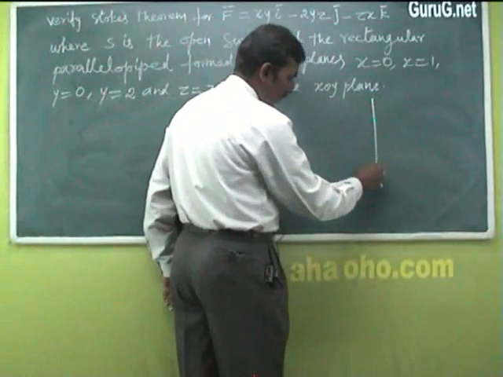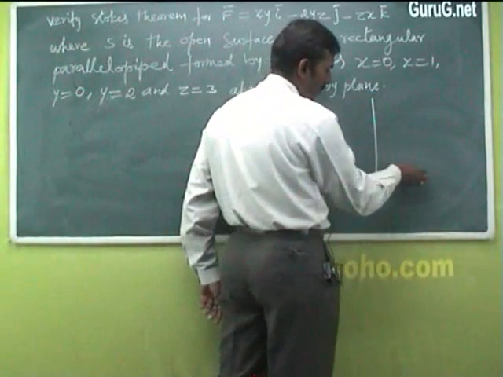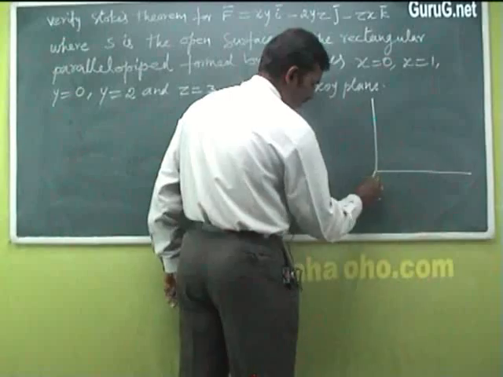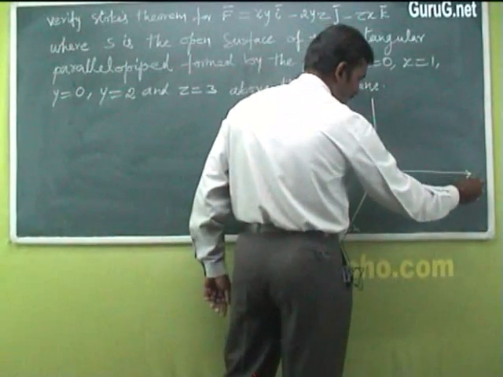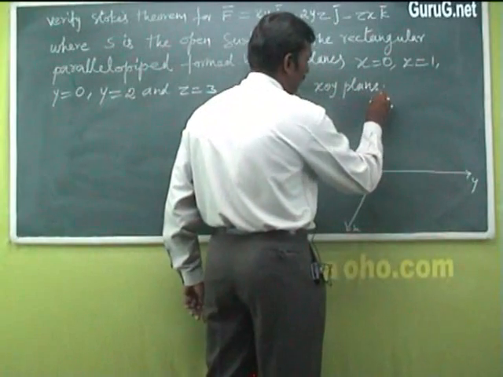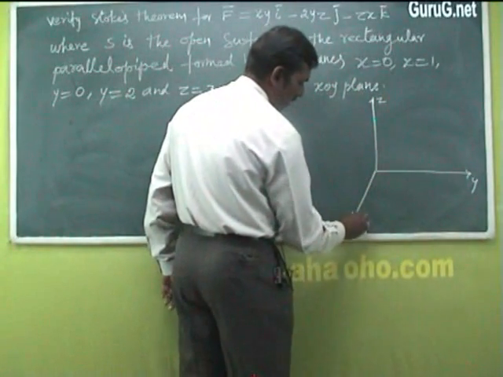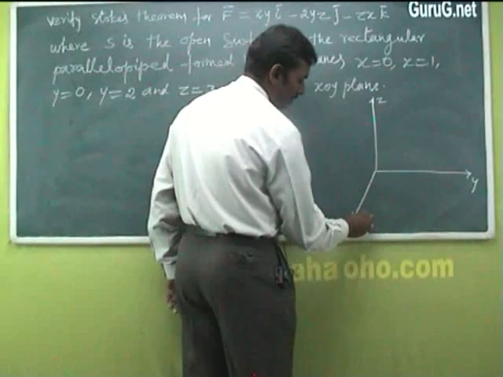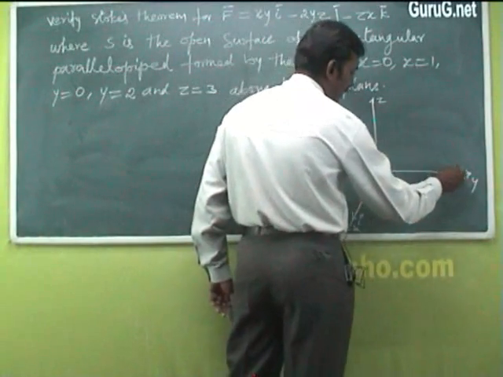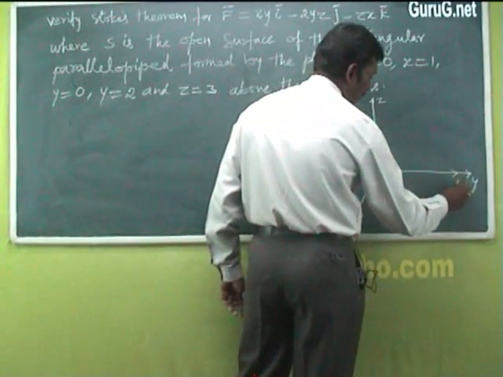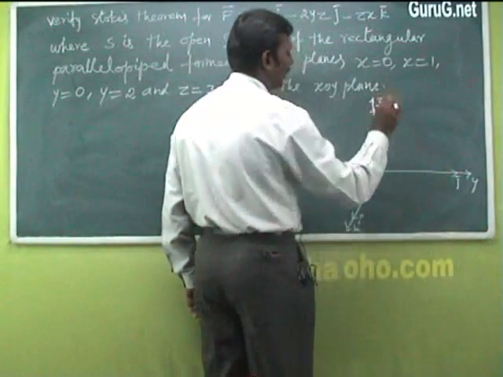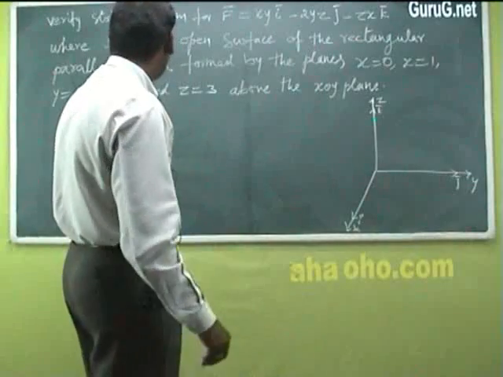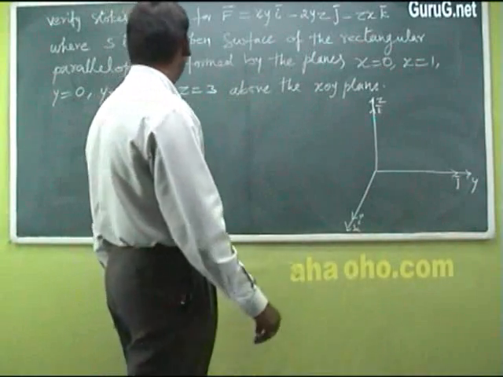So here is the parallelepiped. This is the x-axis, this is the y-axis, this is the z-axis. Along the x-axis you have the i vector, the unit vector. Along the y-axis is the j vector. Along the z-axis is the k vector. So here is the rectangular parallelepiped.